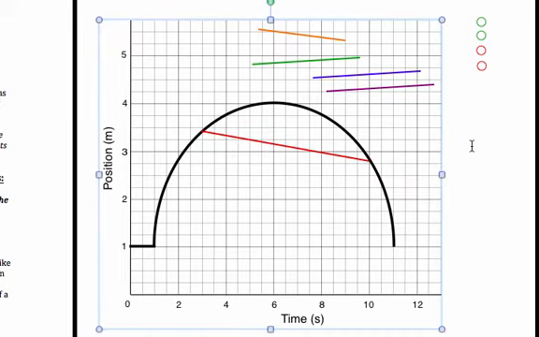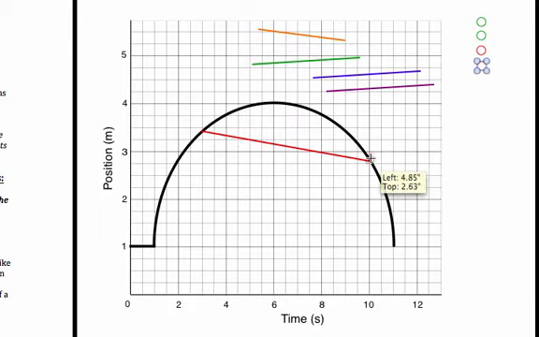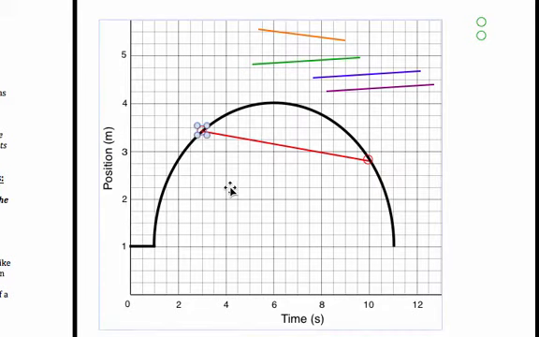So now I'm going to highlight where those intersection points are using these little circles that I've made for myself. And those points where the secant line is intersecting the curve, those are my ordered pairs for determining the average velocity.